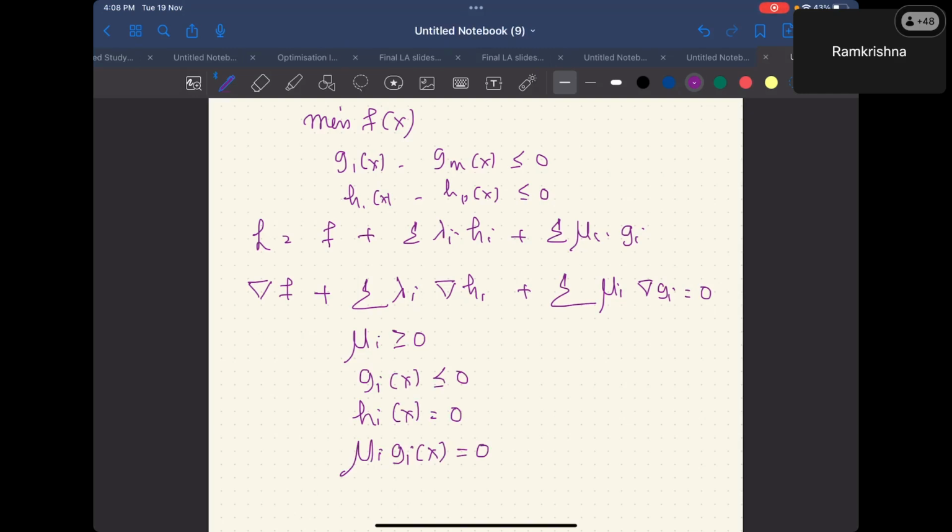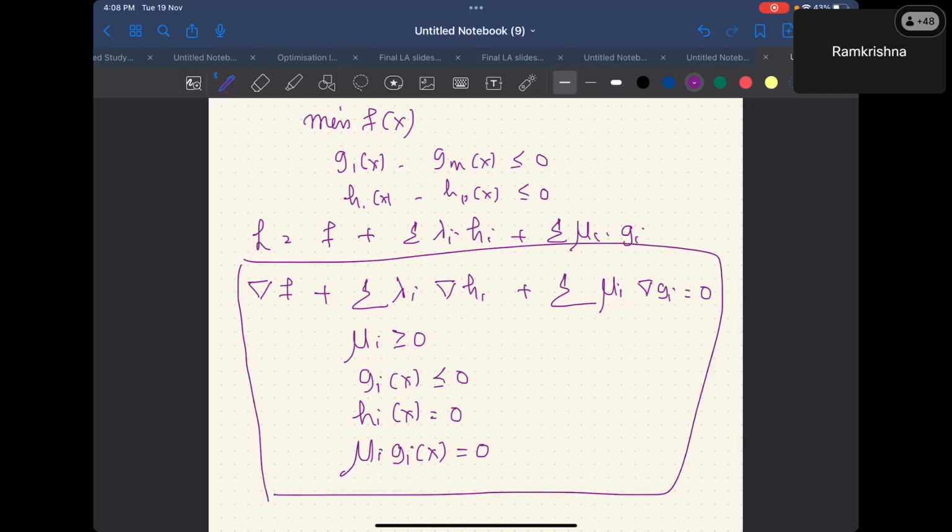Now this is my general criterion to check for necessary conditions for existence of minima of a problem which has both equality and inequality constraints, and these are broadly referred to as the KKT conditions.